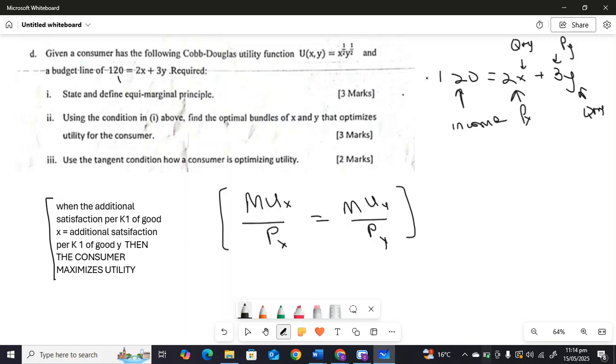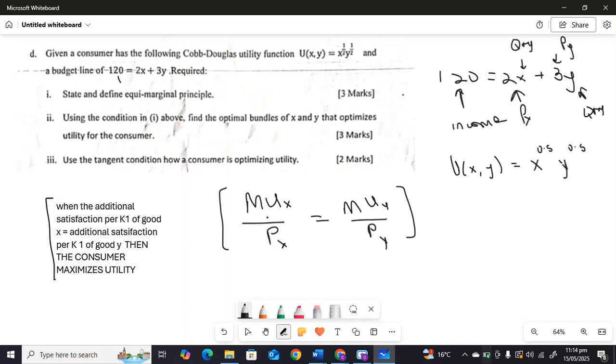That's our budget constraint equation. Then our utility function. So these fractions, I'll convert them into decimals to make life easy. So half in a decimal is 0.5, y to the power 0.5.